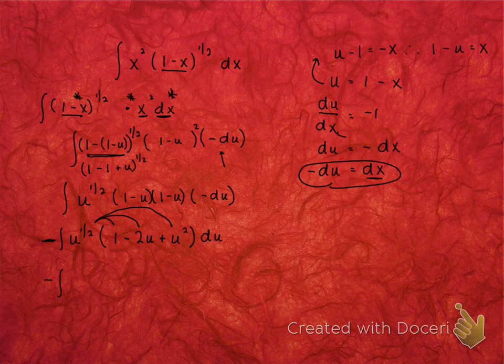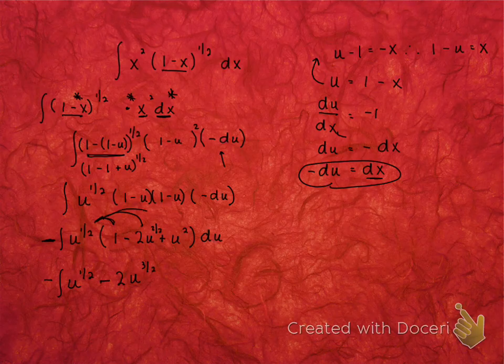U to the 1/2 times 1. Let's start at the beginning, right there. Okay. U to the 1/2 times 1 is u to the 1/2. And then we'll go there out. Remember that u is the same thing as u to the power of 2/2. Okay. So u to the 1/2 times negative 2u to the 2/2 is minus 2u to the 3/2 power. 1/2 plus 2/2 is 3/2.